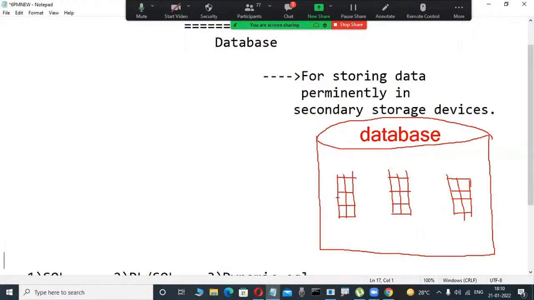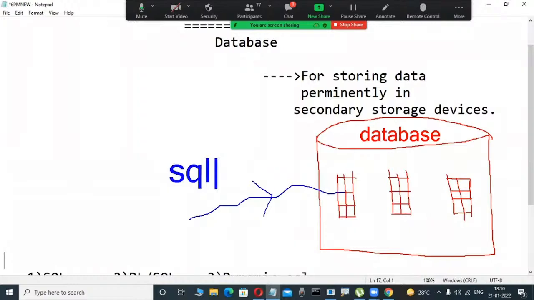That's why a structured collection of data is stored here, and we operate on this data using SQL, the structured query language.